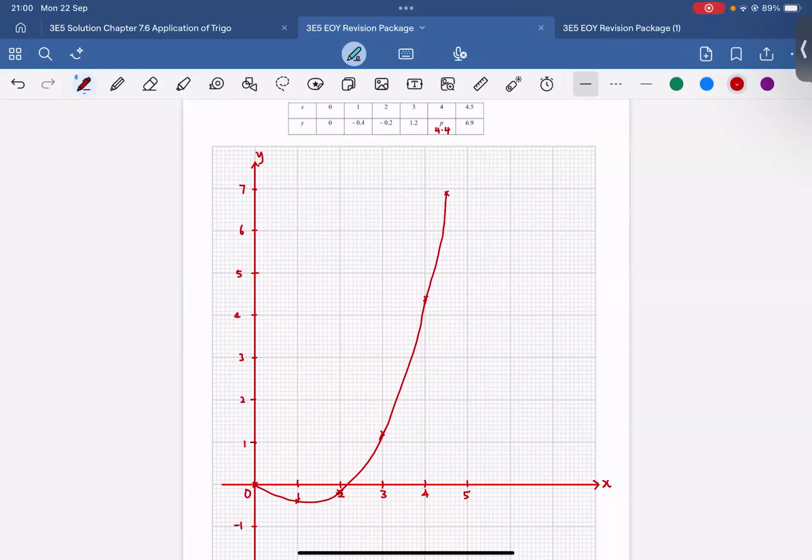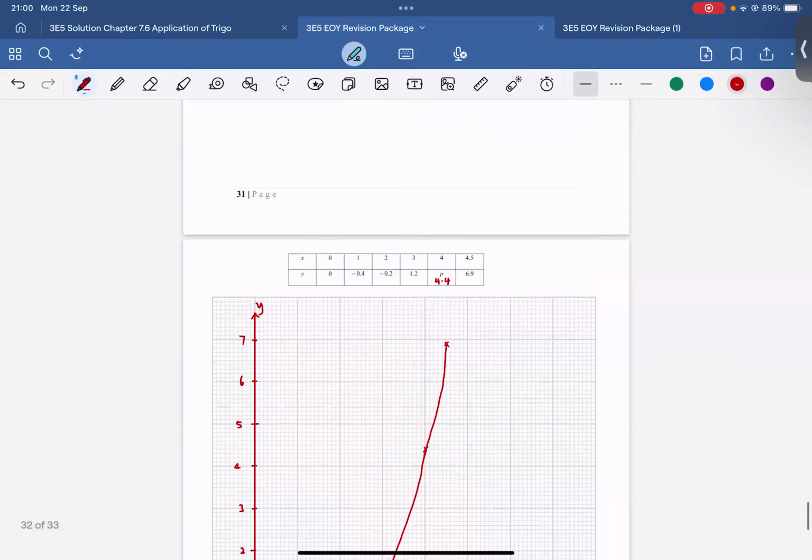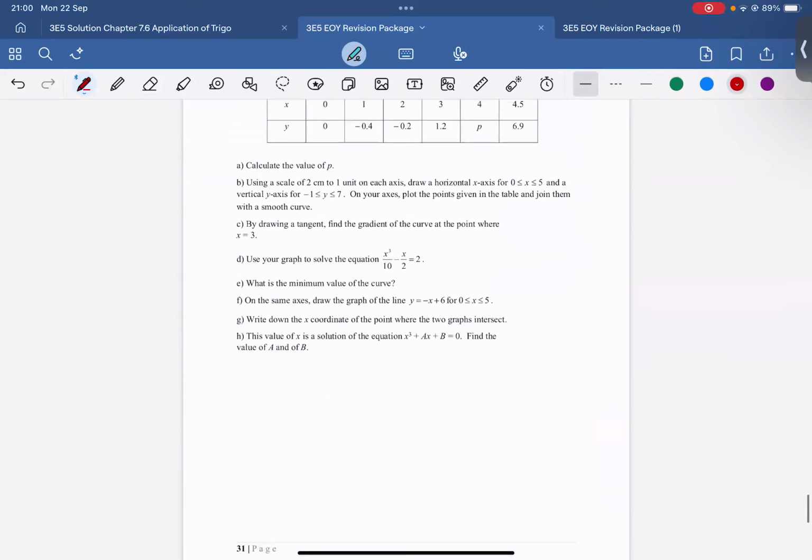Okay, I try my best. Not very nice. Please do not learn. I don't have a curve ruler here.